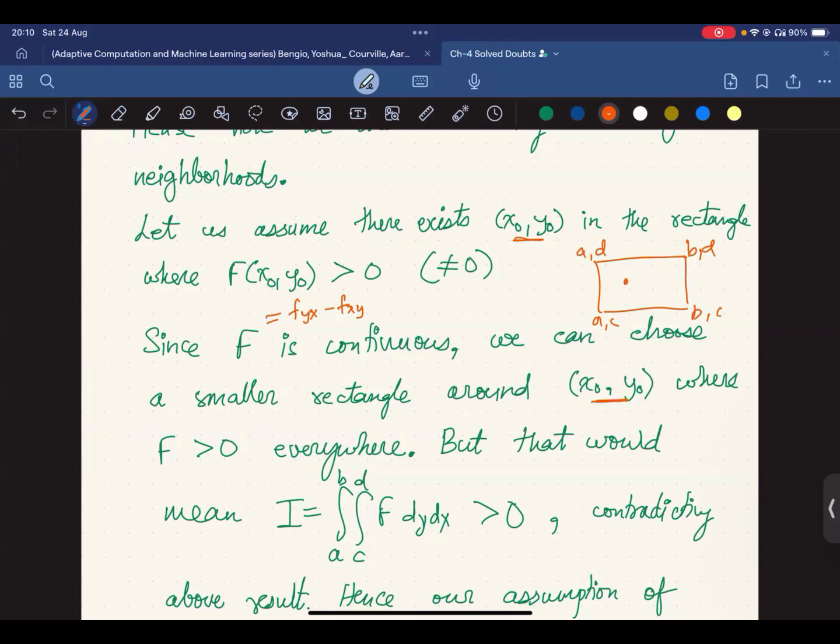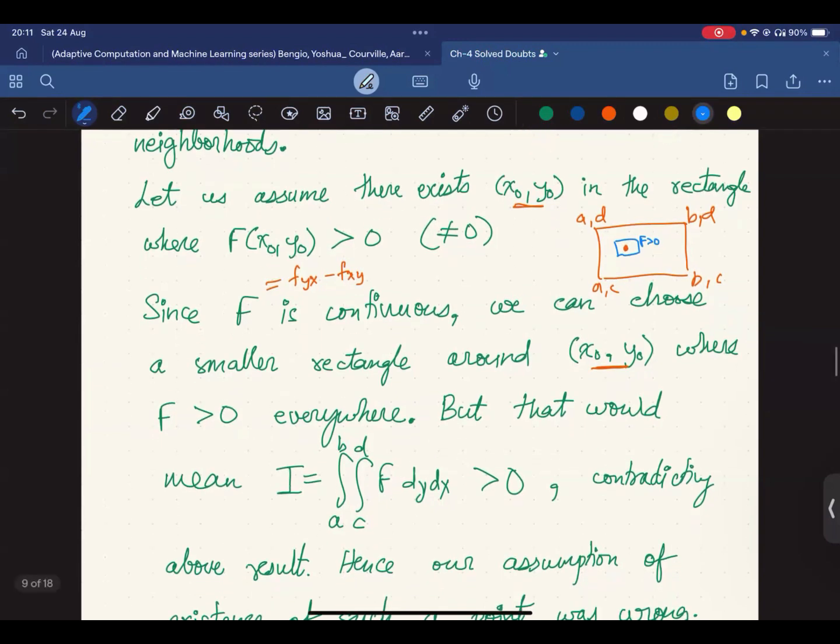If we find a point here for which f is greater than 0, then we can choose a smaller rectangle such that f is greater than 0 for all the points in this rectangle. We can do this because f is continuous. Now, since we can choose such a small rectangle, with a dash, b dash, c dash, d dash, the integration over this smaller rectangle should be greater than 0 because f is greater than 0 everywhere.